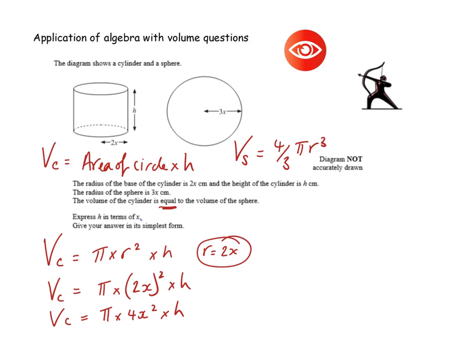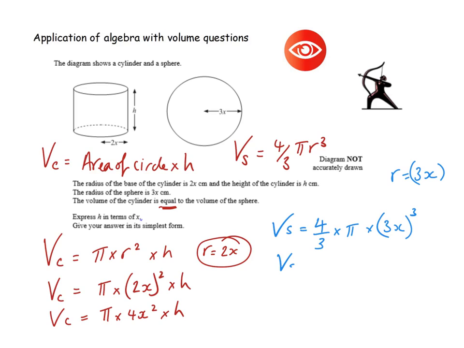And then switching to the sphere, we've got the 4 over 3 times pi, and in this case r is equal to 3x. So I'm going to times 3x and cube that. Now I'm putting it in brackets so I don't forget to cube the 3.